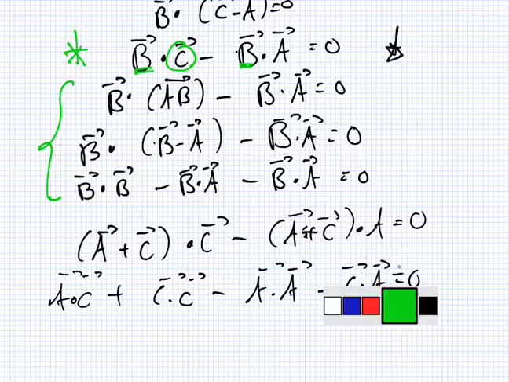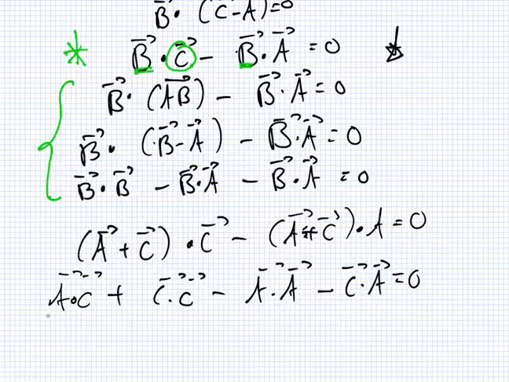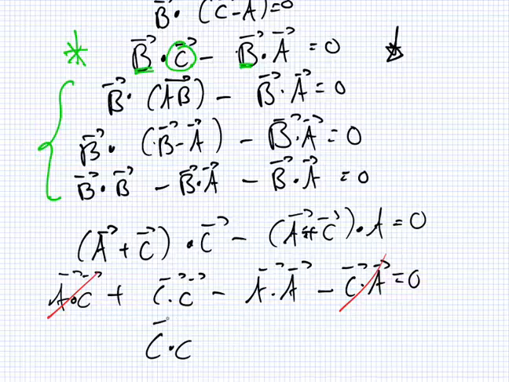This is what happens here. What does A dot C cancel with? C dot A. You're left with C dot C minus A dot A.